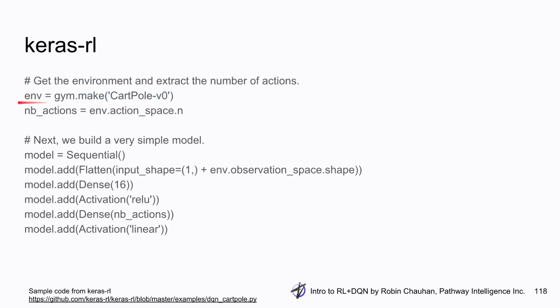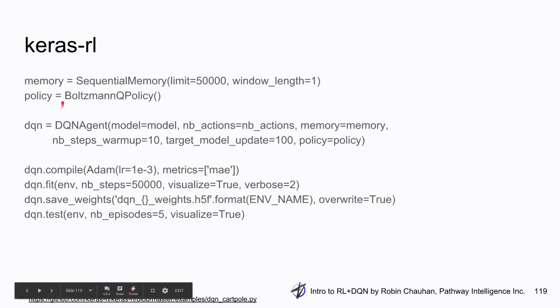So in Keras RL, how does it look? A similar thing. You create your environment, define your action space. Here you're building your model, your simple neural network, and then you set up your experience replay memory. You set up a policy. In this case, it's using a Boltzmann policy, which is more like sampling from a softmax. So here, this is what I meant: you don't have to use epsilon greedy.